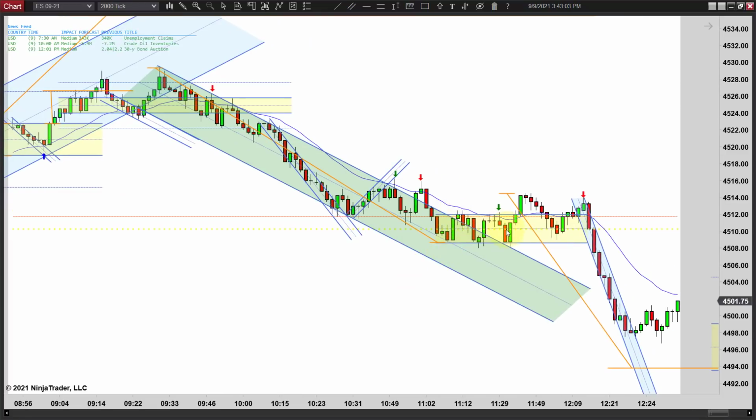And then we just start chopping sideways here. And you might have looked at this as a failure, a failed second entry long. It doesn't really set up that well, and you already had your close outside and at least one strong leg down. A lot of times you'll get 2.